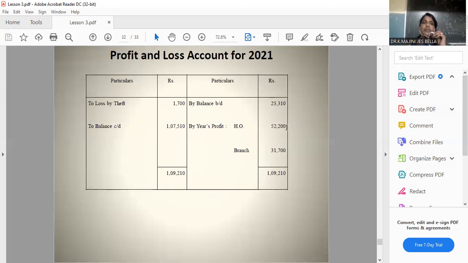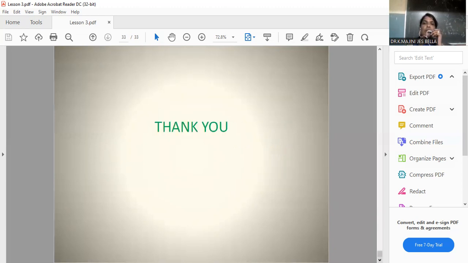To balance CD 1,07,510. Put the total 1,09,210. The credit side total is 1,09,210, the debit side 1,700. Just subtract. The balance to balance CD is 1,07,510, brought down as the balance for the next year, 1,07,510. Thank you.